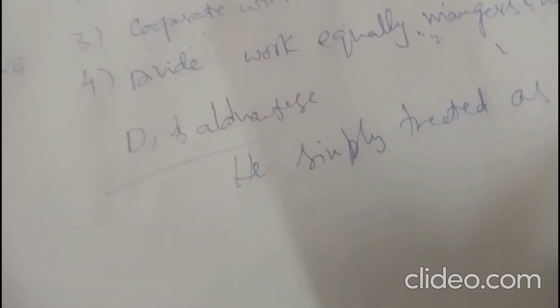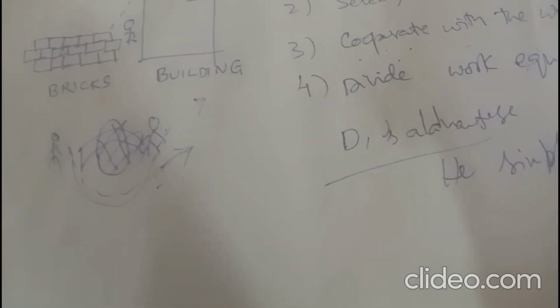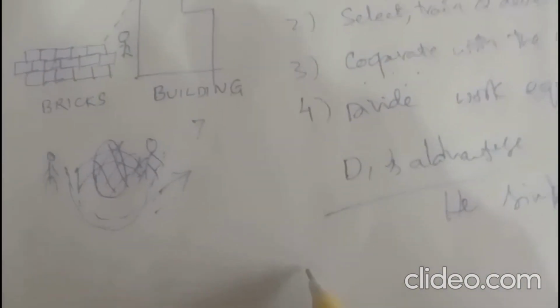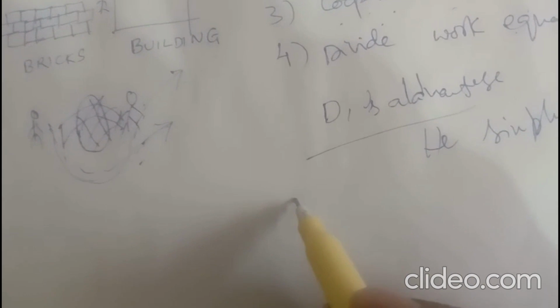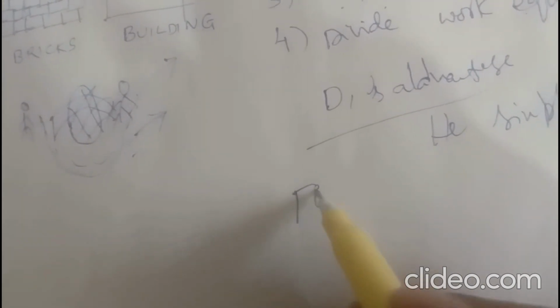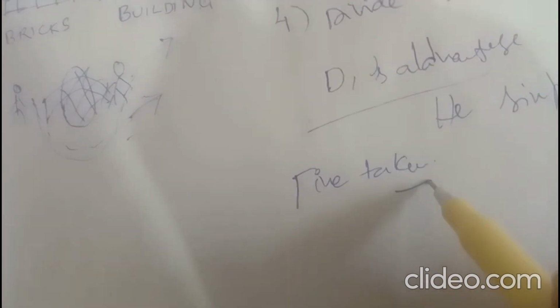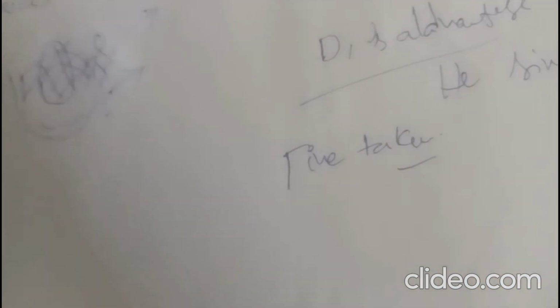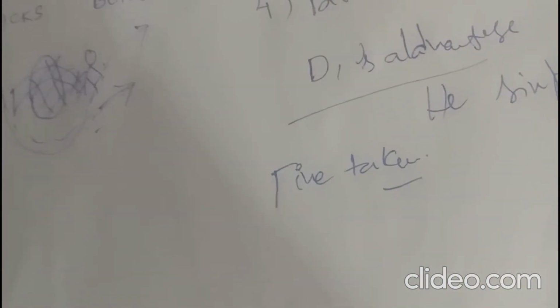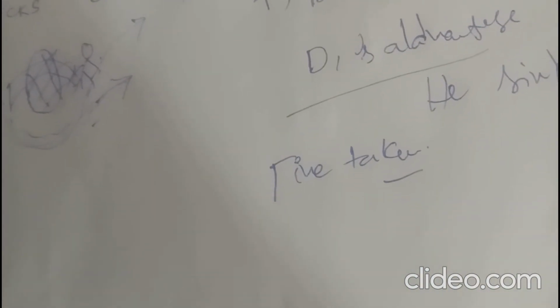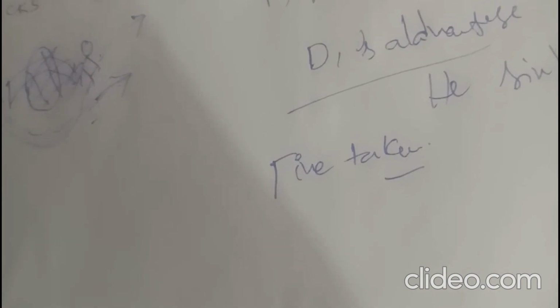That is, the people working on the place of production are simply treated as machines, and the focus is always only on the time taken by the process. Constantly he was focusing on minimizing the time taken by the process in this concept.